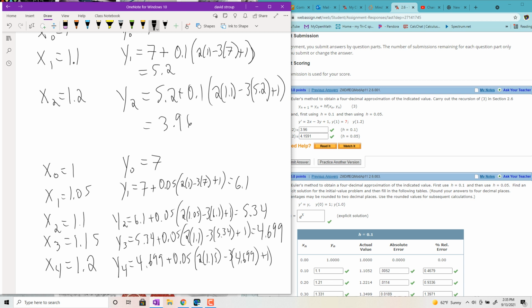Getting 4.1592 if I rounded. I have no idea what they're doing for their rounding.